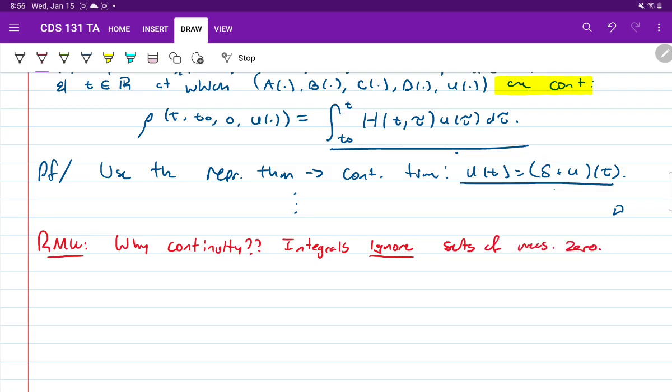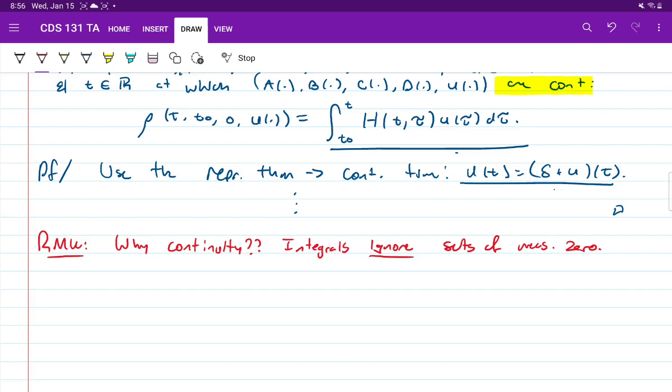So basically, if we take our input signal, and let's say it has a jump discontinuity at a single point in time, the integral is going to be pretty much entirely agnostic to that point. Integrals can't really measure values that change just on single point sets. So that'll entirely disappear from the right-hand side.